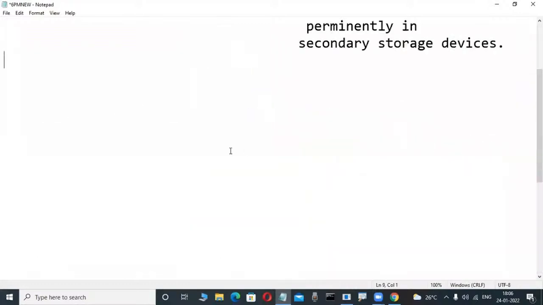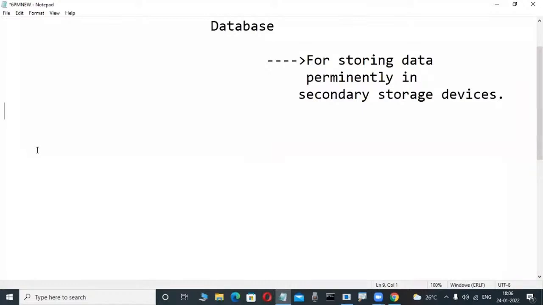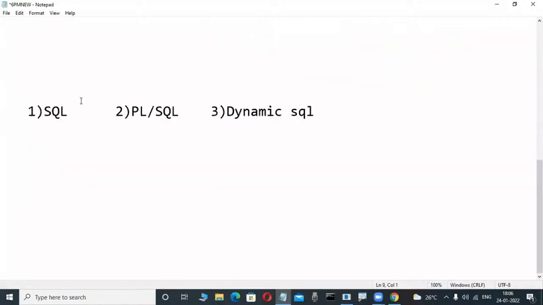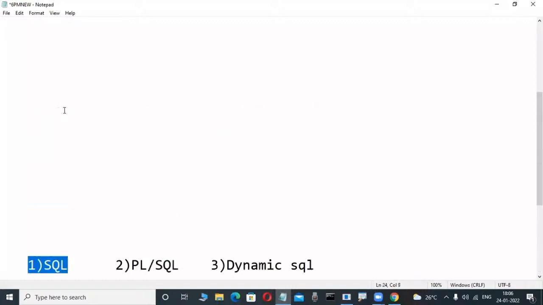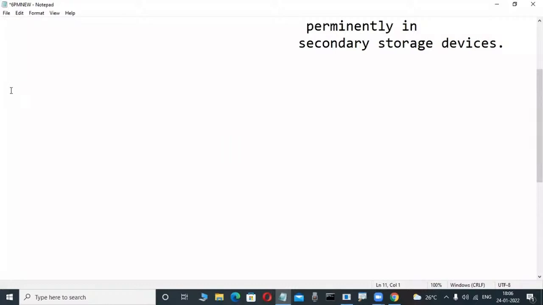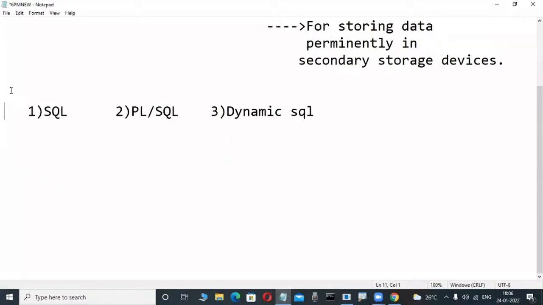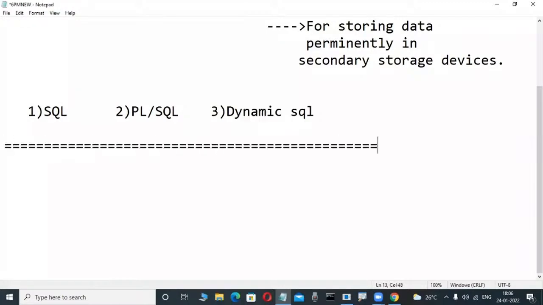Oracle, SQL Server, DB2, Sybase, MySQL, all these databases are implemented based on the relational data model concept. For operating these products we use SQL. But for the Oracle database product, we use three languages: SQL, PLSQL, and dynamic SQL. Up to this we have learned in previous classes.